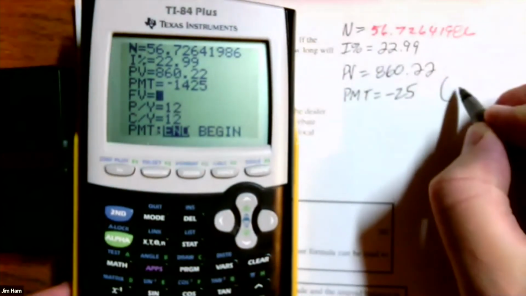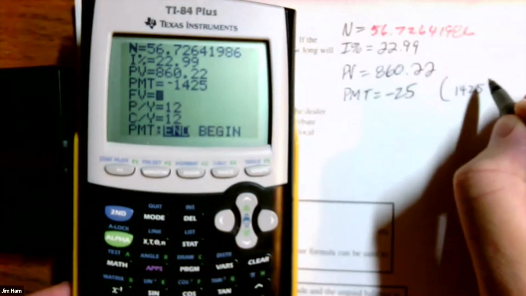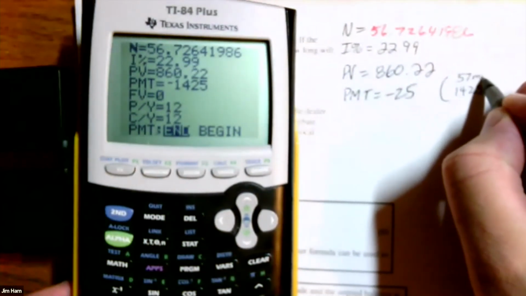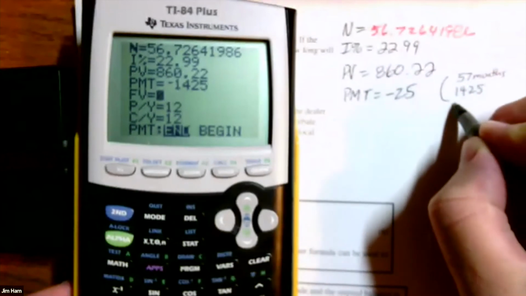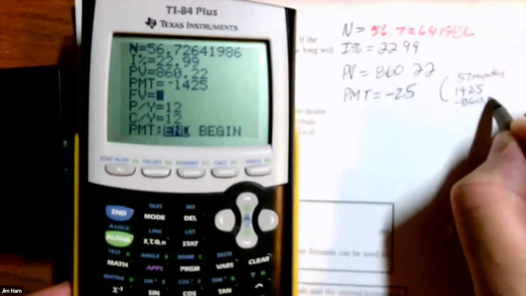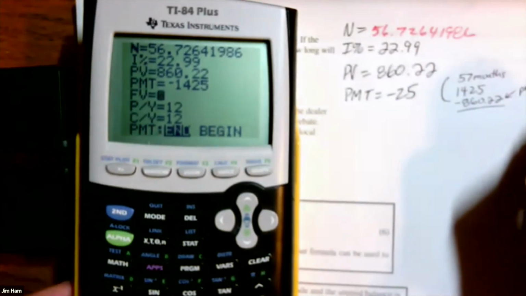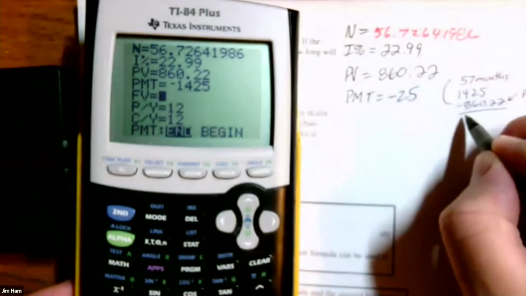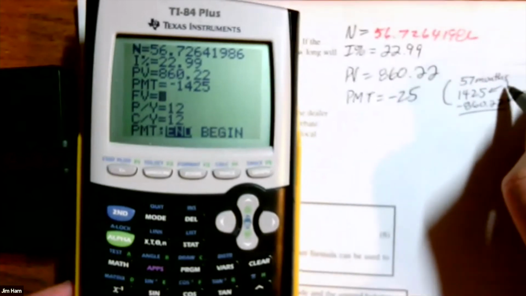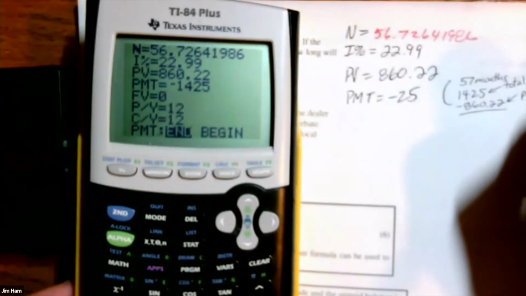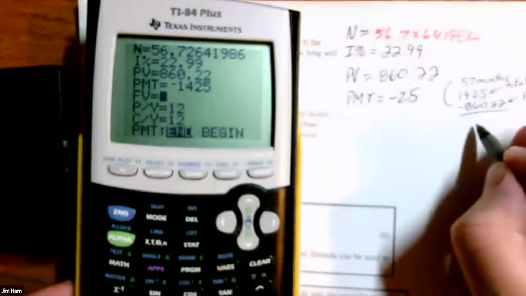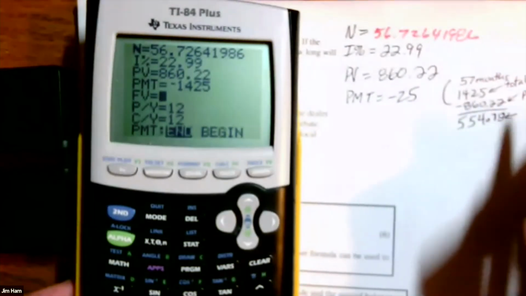That's 1425 for 57 months. And if you subtract the 860, we call the 860 the principal part, and everything else is called the total payments. And if you do the subtraction, everything else is the interest.